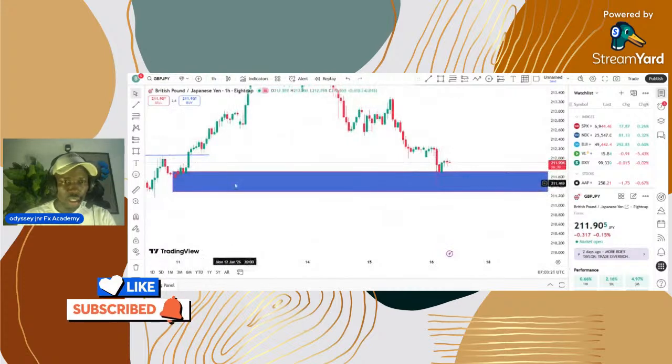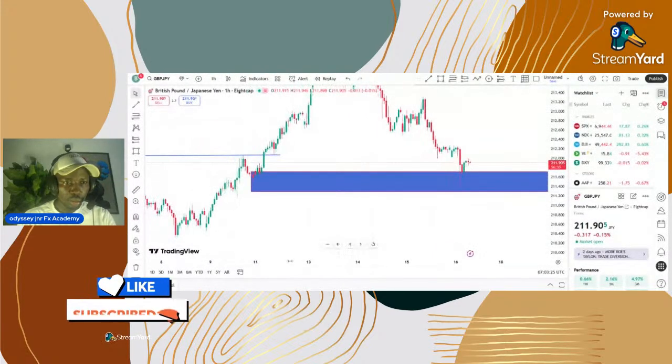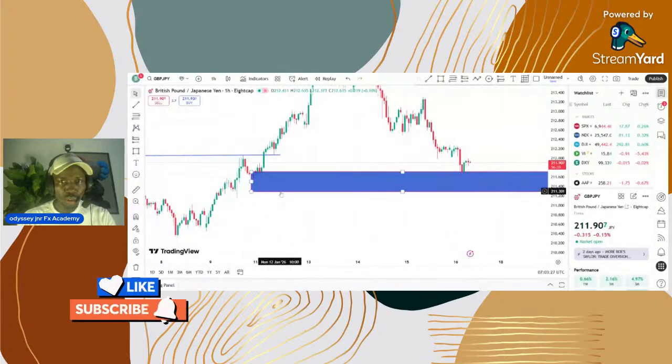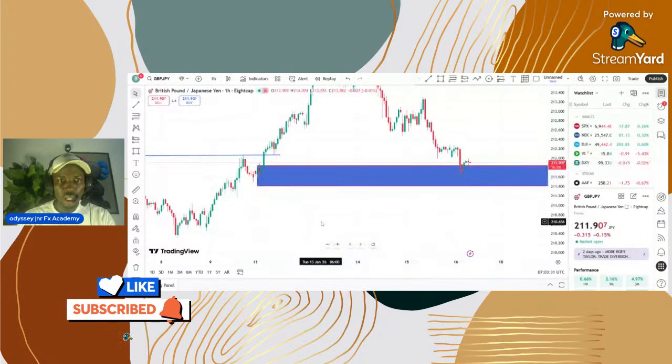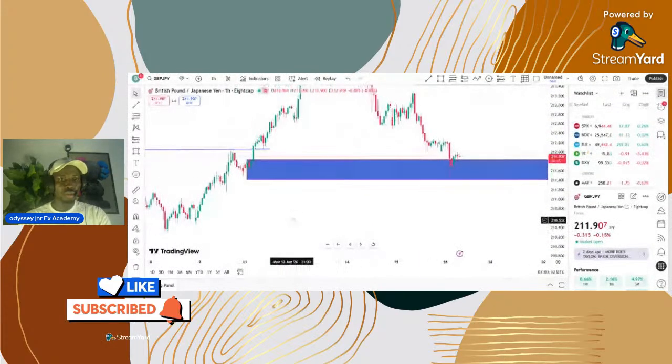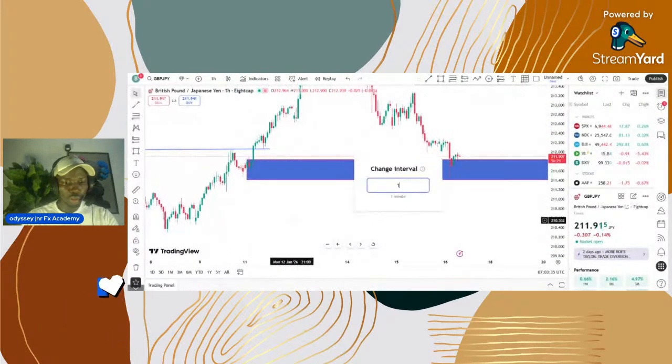The market is still reacting to this. Or should this be the valid other block we are using? Still reacting. So let's go to the 15 minutes.